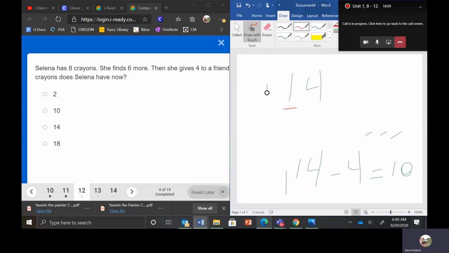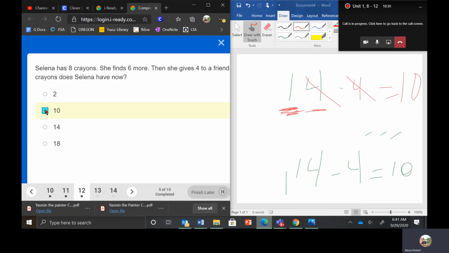There's a 1 in the tens place and a 4 in the ones place. We're going to take that 4 away. So we just have 10 left. So Selena is left with 10 crayons.